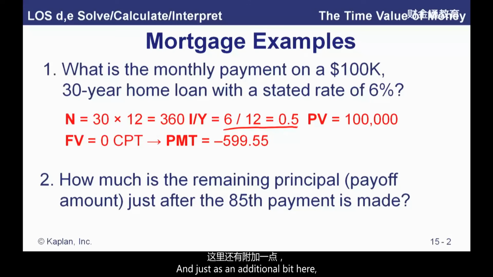And just as an additional bit here, we've got an example question. How much is the remaining principal, sometimes called the payoff amount? How much do you still owe just after you made your 85th payment? Well, that's about 7 years out. This is just going to be a present value calculation.